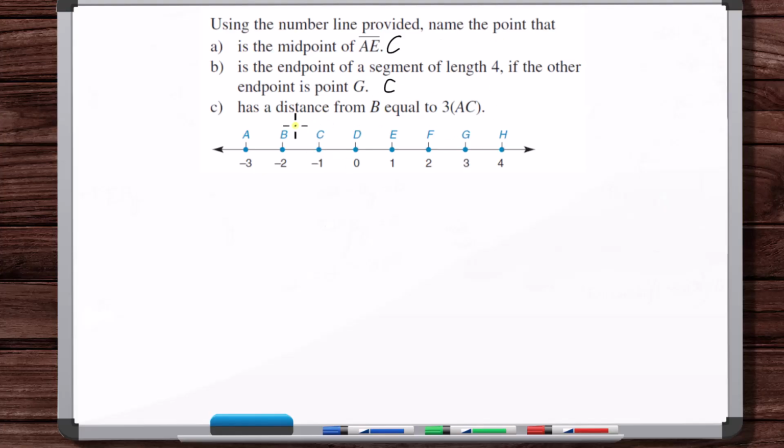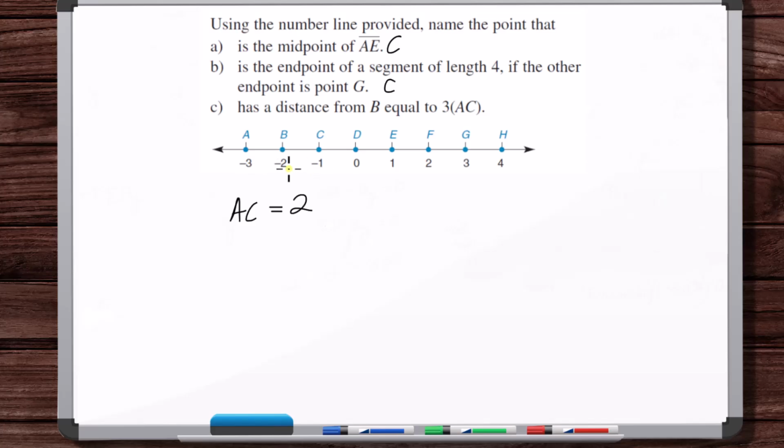All right, now name a point that has a distance from B equal to 3 times AC. So what is AC? That's the length of segment AC. Well, we can see it's 1, 2. That's its length. You might say, what about the negative numbers?